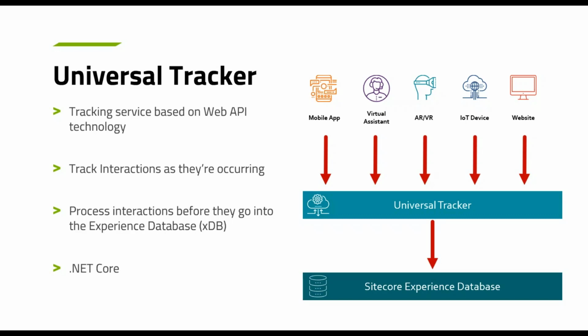And finally, the Universal Tracker, as it absorbs all this information, does some processing, and then pushes the information to the Sitecore Experience database, where it's truly helpful in us making decisions about our customers and their journey to conversion.